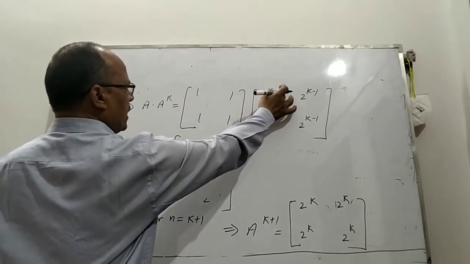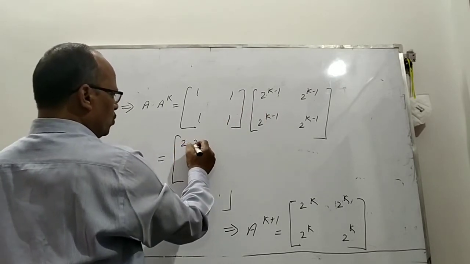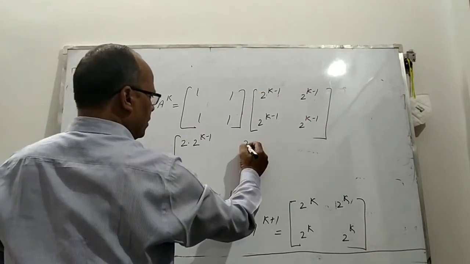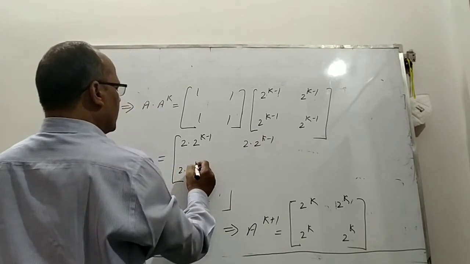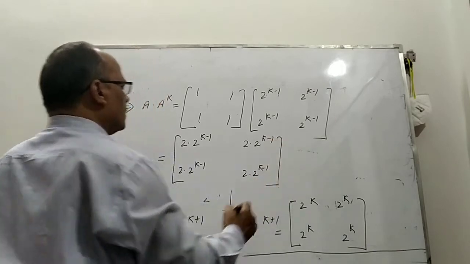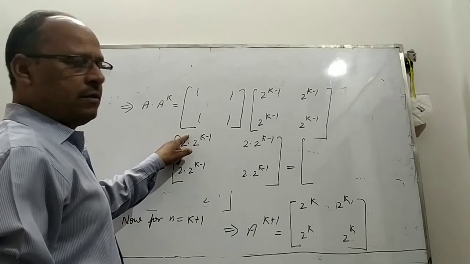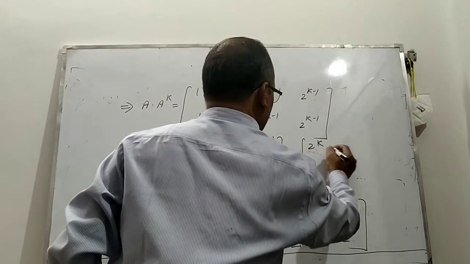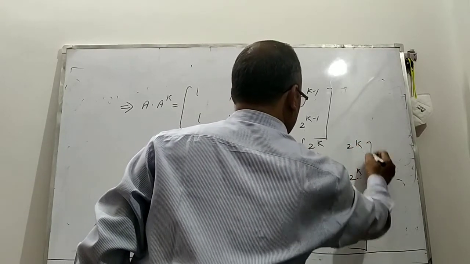So this 2 raised to power k minus 1 plus 2 raised to power k minus 1, you will get 2 into 2 raised to power k minus 1. Then this will multiply, you will get 2 into 2 raised to power k minus 1, and it will become 2 raised to power k.